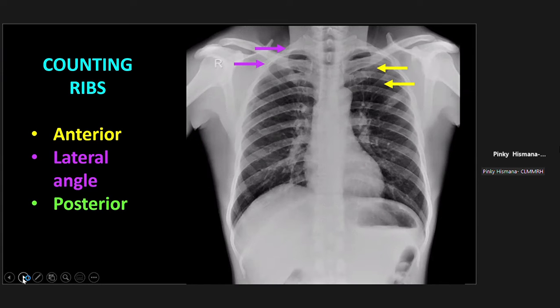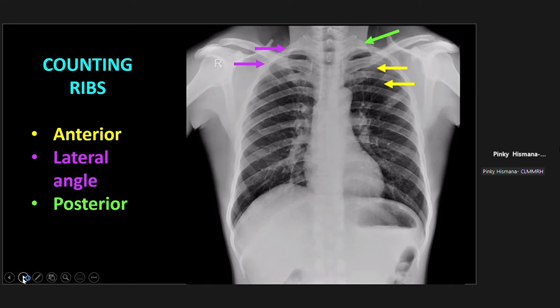I'm discussing this because in the long run, you would encounter fractures wherein the radiologist would be describing what rib is involved where the fracture is located. So you have to know how to count the ribs.